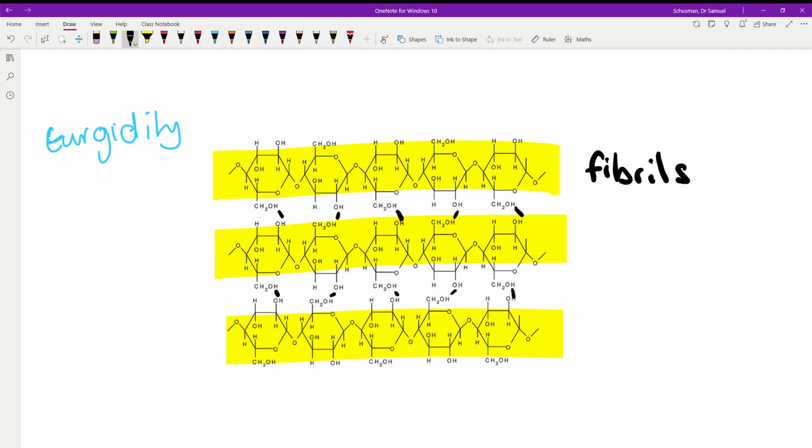You've got straight chains of covalently bonded things, with hydrogen bonds strapping all of those fibrils together, which gives it its very high tensile strength to deal with turgidity. Equally, the fact that all those OH groups are hidden away, bonding to one another, hopefully you will realise that water therefore can't form hydrogen bonds with it as well, so it also makes it insoluble.